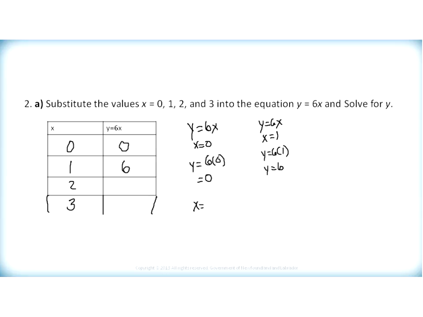When x is equal to 2, y is equal to 6 times 2. So y is equal to 12. And when x is equal to 3, y is equal to 6 times 3. So y is equal to 18. So now we've substituted our values of x equals 0, 1, 2, and 3 into the table, and we solved for y in each case: 0, 6, 12, 18, for my y values.